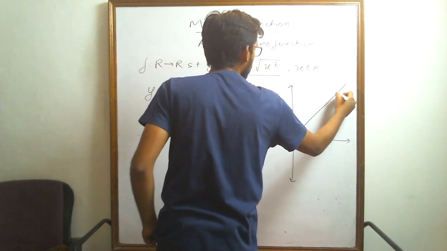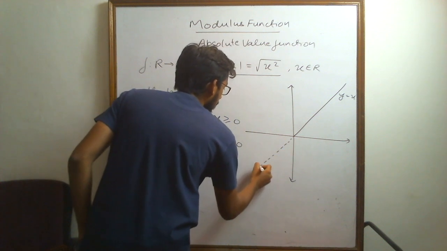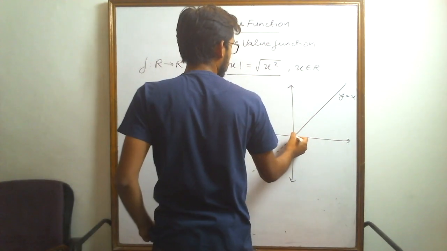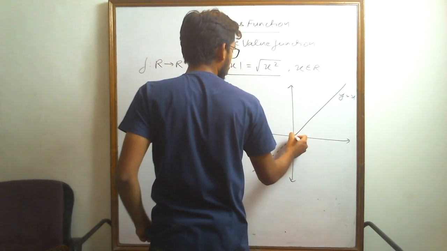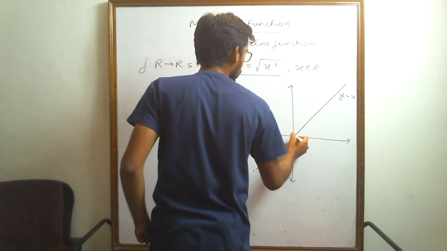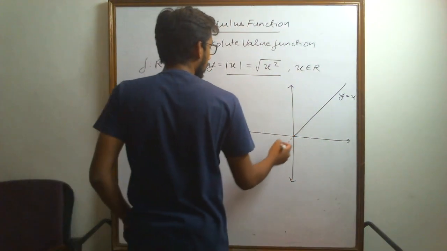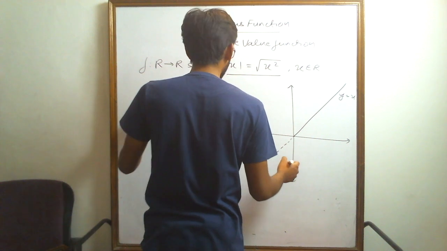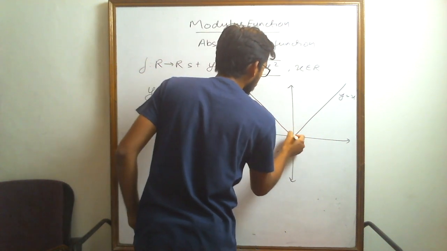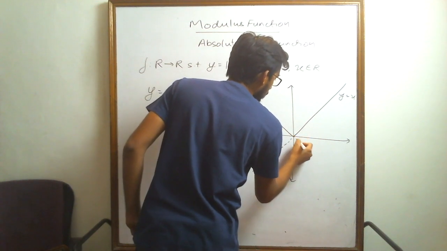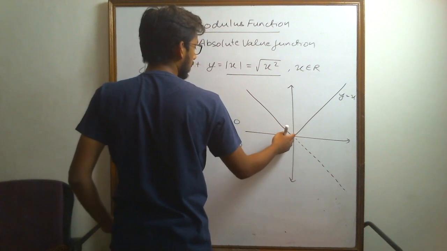So if I make the line y is equal to x, we will take only that part of the line which is for positive values of x or 0. We will not include this part of the line. When x is negative, y is equal to minus x. So if I make the line y is equal to minus x, I will not include this part. I will only include the part for when x is negative.